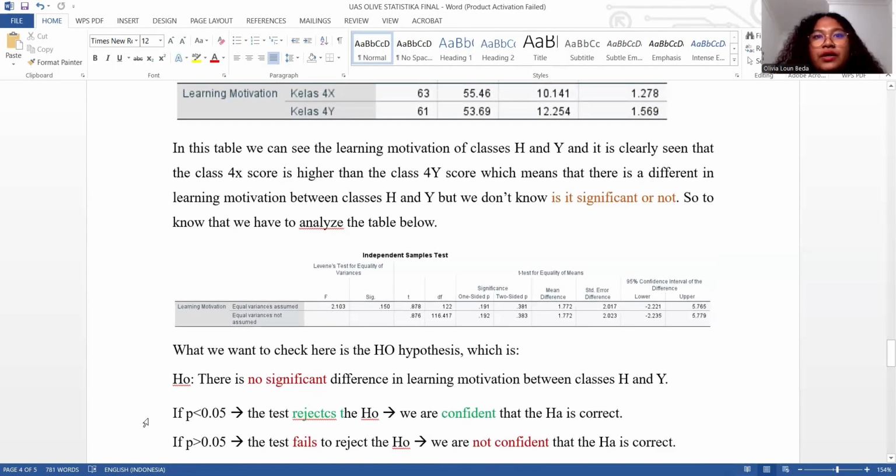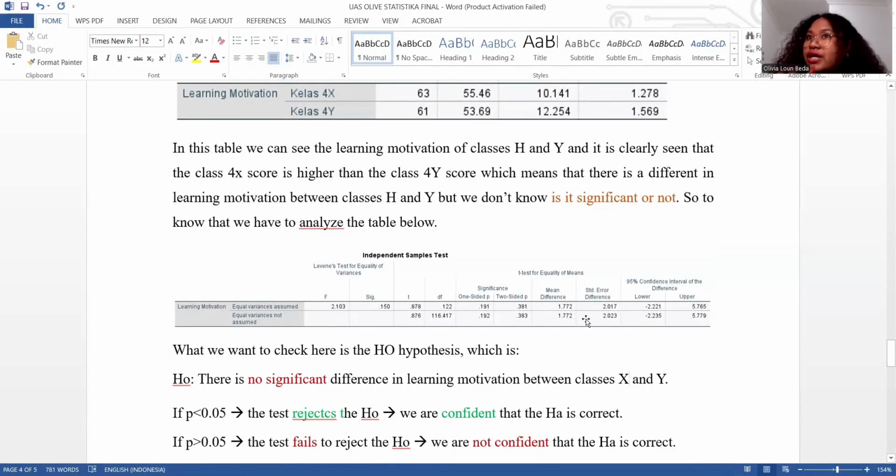We have to look at our previous H0, that is, there is no significant difference in learning motivation between classes X and Y. Right? So in this H0, our hypothesis, there is no significant difference. That's what we want to check.